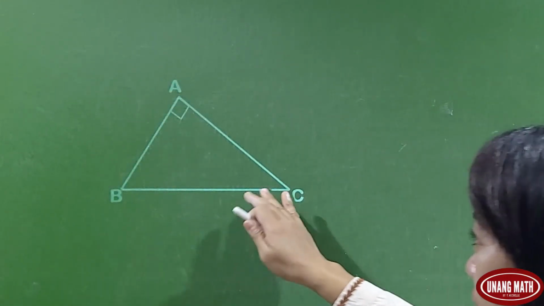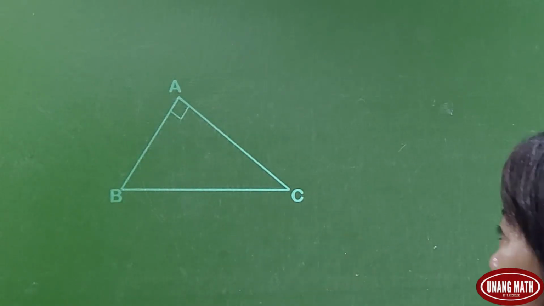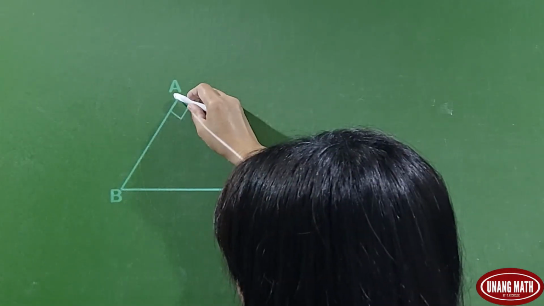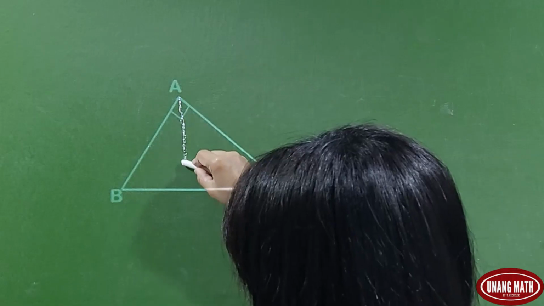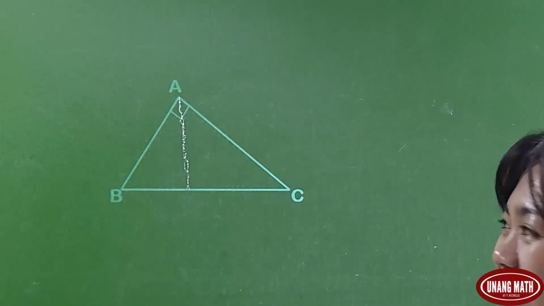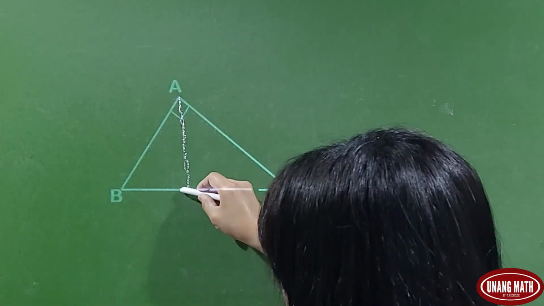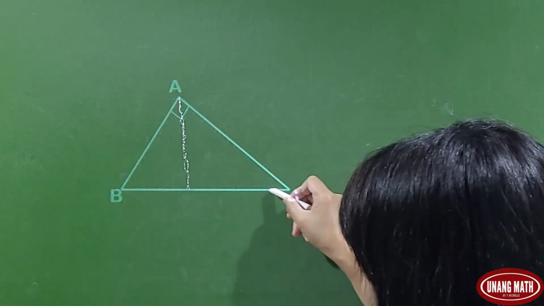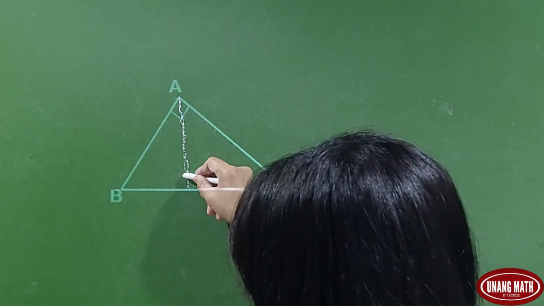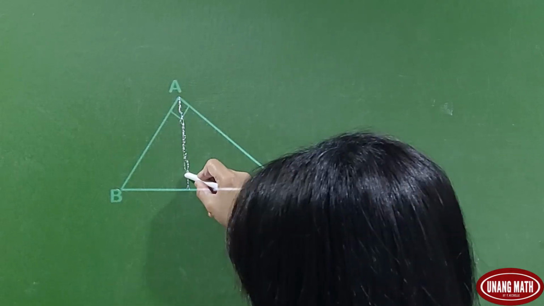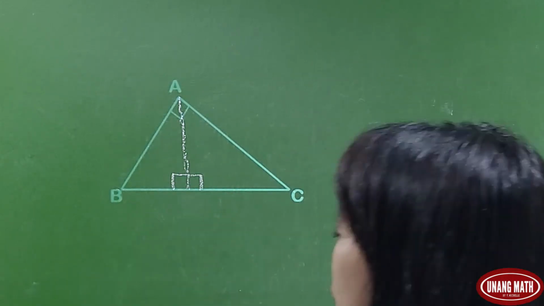I have here a right triangle. If we are going to draw the height, then it would be this straight line. This height is perpendicular to this segment, so it means there's a right angle formed here and a right angle formed here.